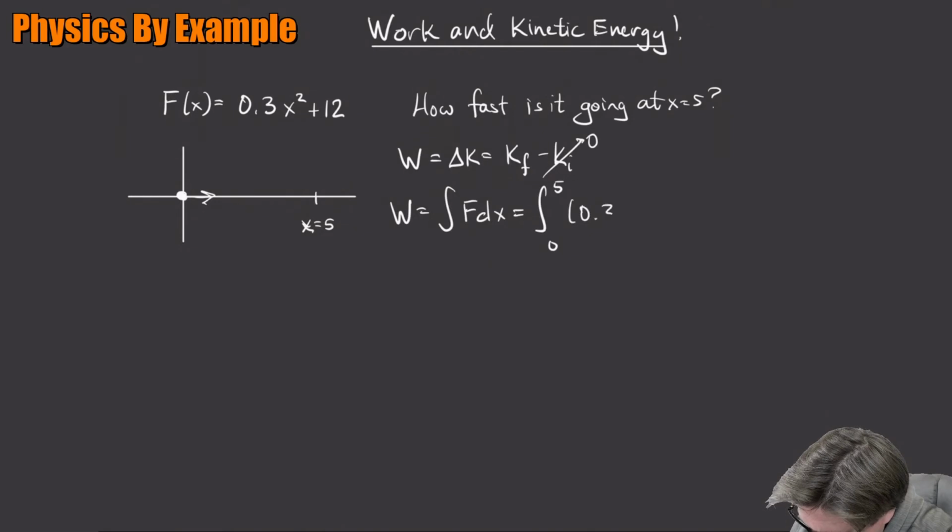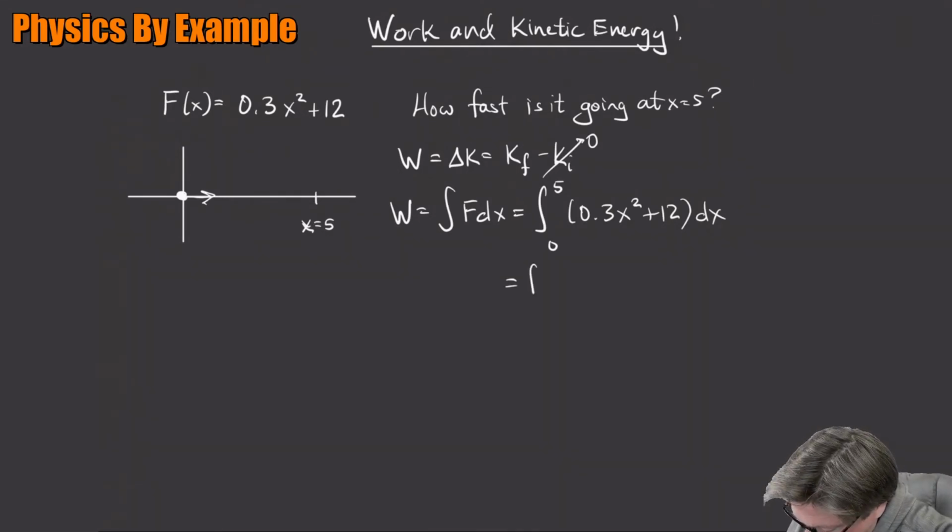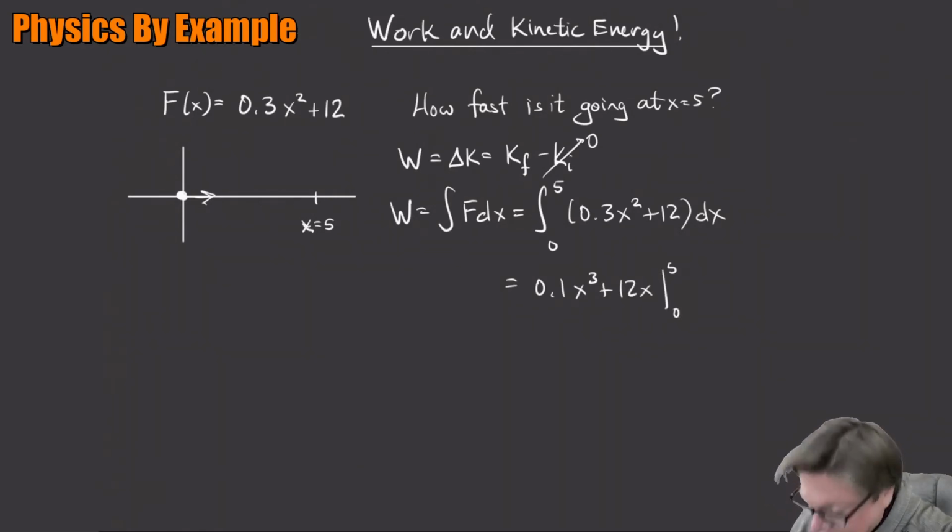It's 0.3 x squared plus 12, times dx. This integral is pretty easy. 0.3 times, what's the integral of x squared? It's x cubed over 3. This is going to be 0.1 times x cubed plus 12x, from 0 to 5.